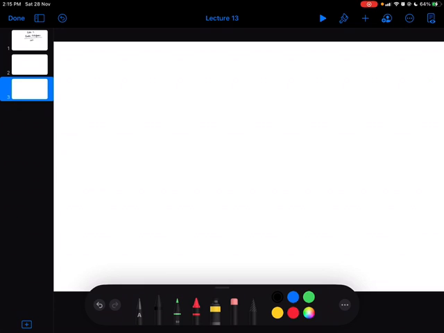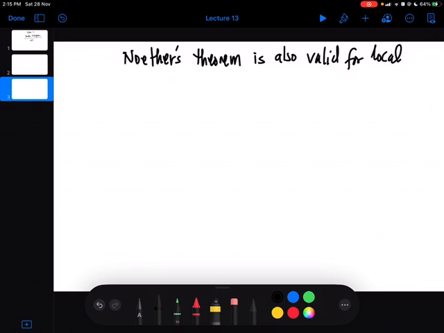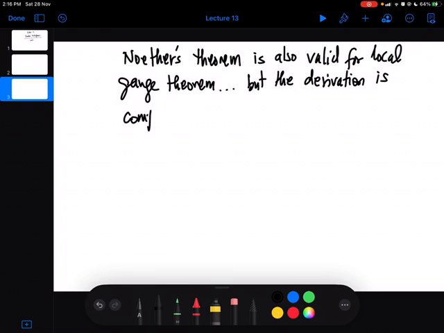Noether's theorem is also valid for local gauge theories, but not in the present form. There is something called the second theorem of Noether, but not really in the present form, and the derivation is complicated. We don't need it actually.